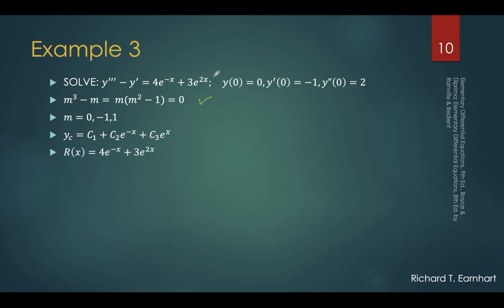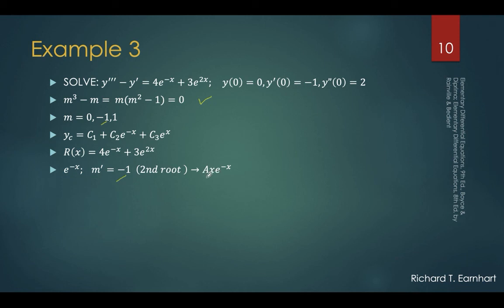Then your r of x is e to the negative x plus 3e to the 2x. For e to the negative x, the root is negative 1. That appeared already in your complementary solution, so you'll take this as the second root. So you have to multiply the solution by x.